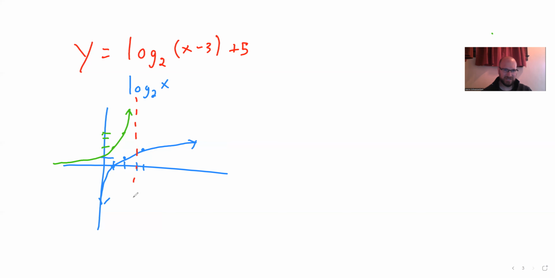My vertical asymptote this time, this is my horizontal. And then I shift each point right 3 up 5. So right 3 for this one comes to here, up 5 goes to there. My next point right 3 up 5 is up here. And my graph ends up here.